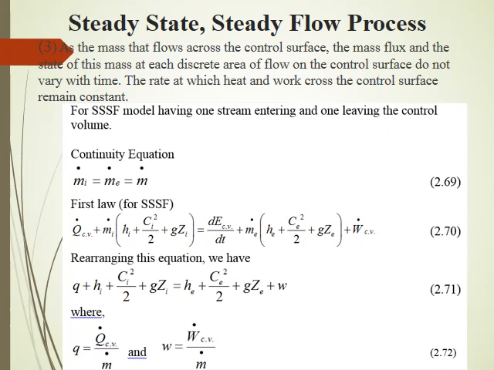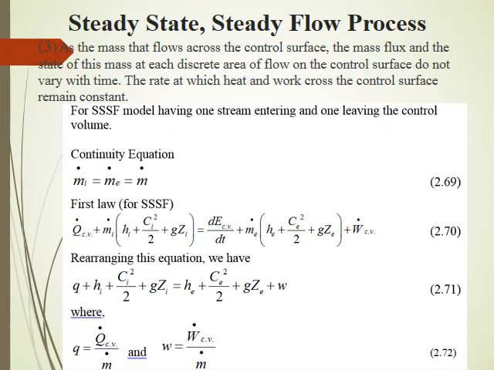So in the steady state steady flow energy equation written in equation 2.71, every term is in kilojoule per kg. Q, the heat transfer, is in kilojoule per kg. h_i, the enthalpy, is in kilojoule per kg.